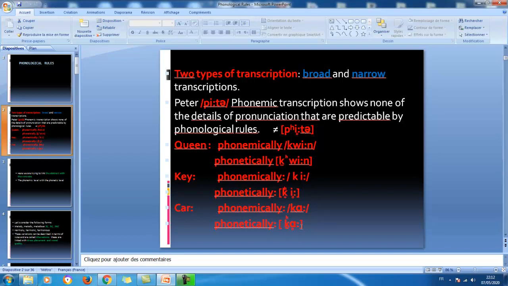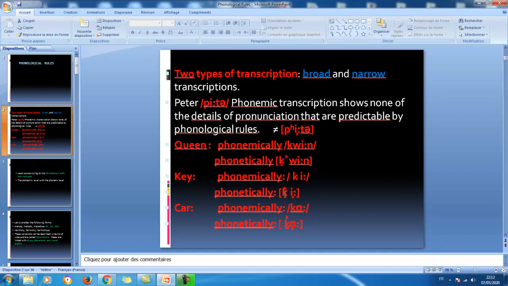A is a back vowel, as opposed to E, which is a front vowel. So this k here is fronted, and here it is retracted. Look at this minus below. And in both cases the vowel is devoiced, because of the aspiration given to k.